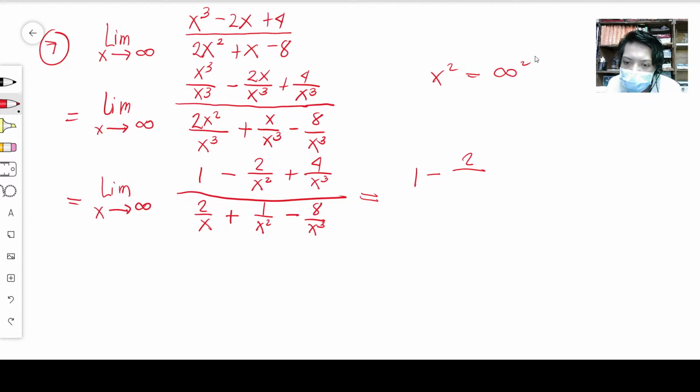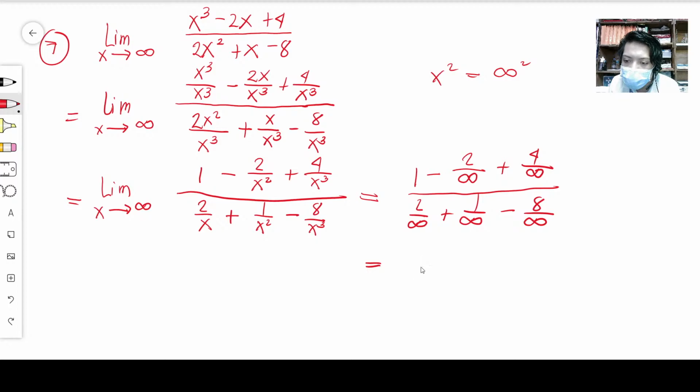So infinity squared is just infinity. Plus 4 over infinity cubed, a very large number raised to 3, which is also just infinity. So this is 2 over infinity plus 1 over infinity minus 8 over infinity.